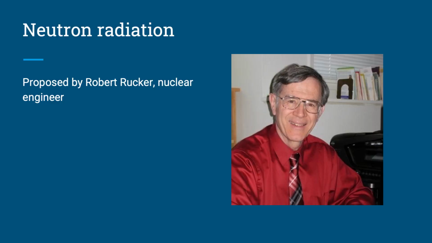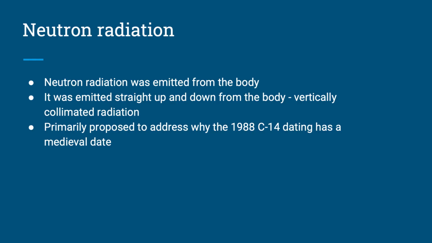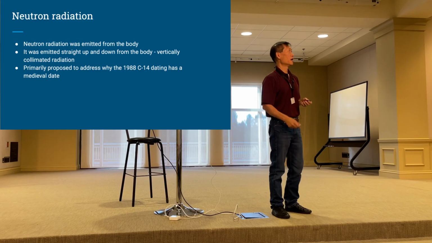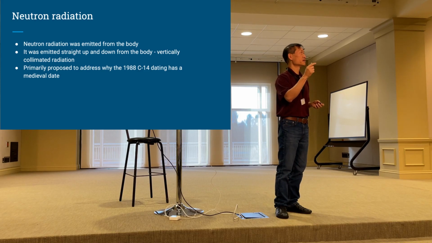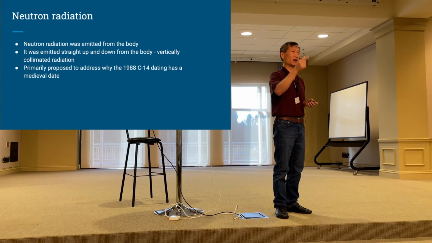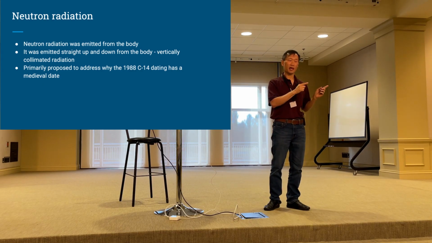The neutron radiation theory is proposed by Robert Rucker. And he proposes neutron radiation was emitted from the body, straight up and down from the body. It's vertically collimated radiation. And so this is the same thing as the gas.